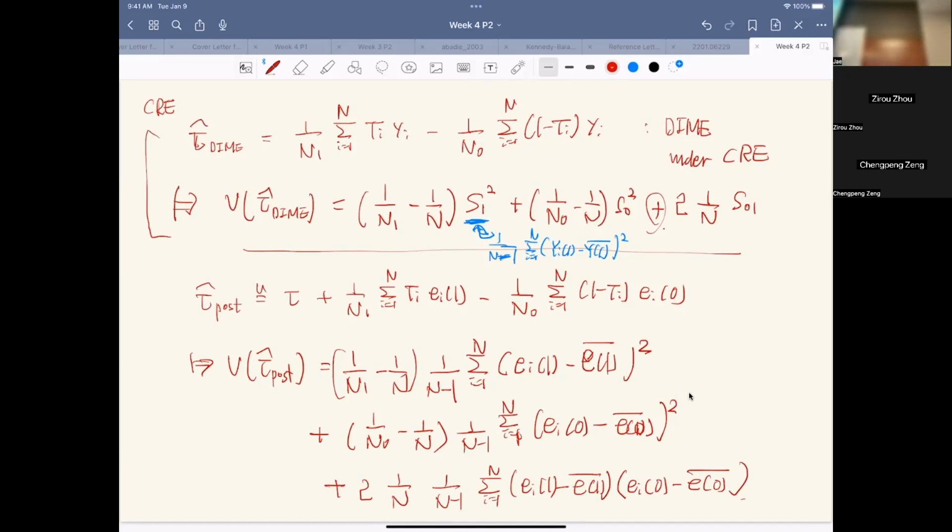So that's the same formula using ei instead of yi.